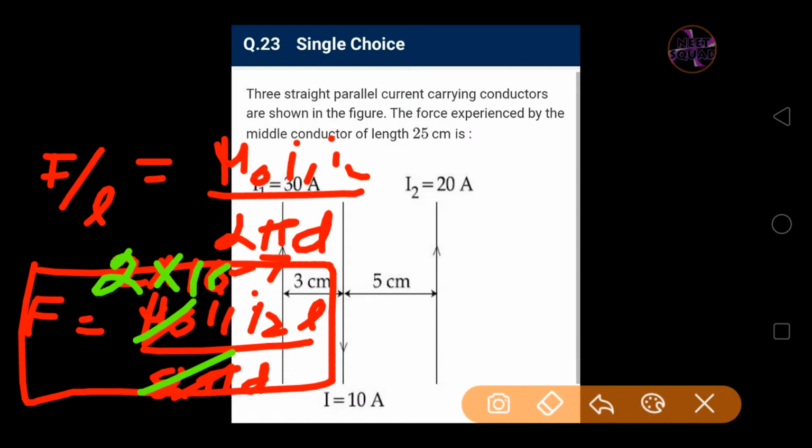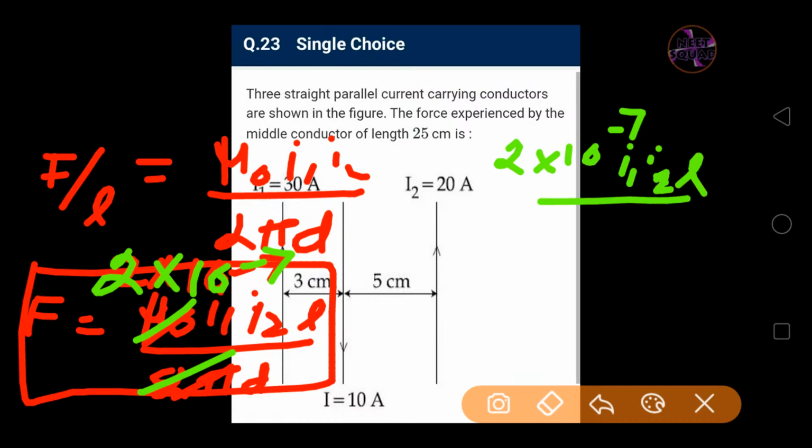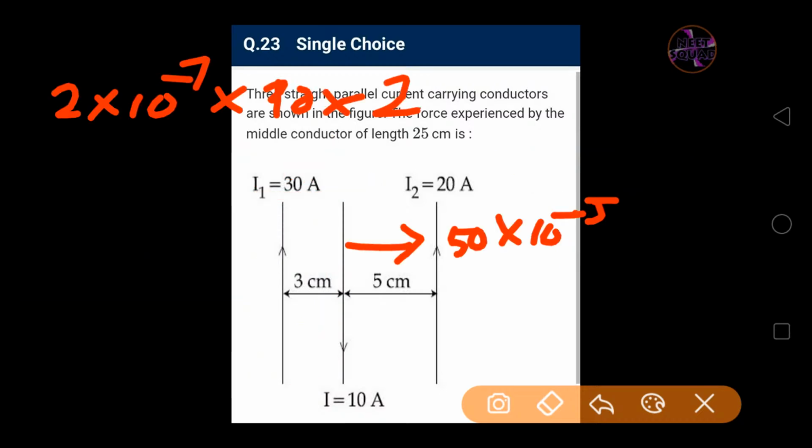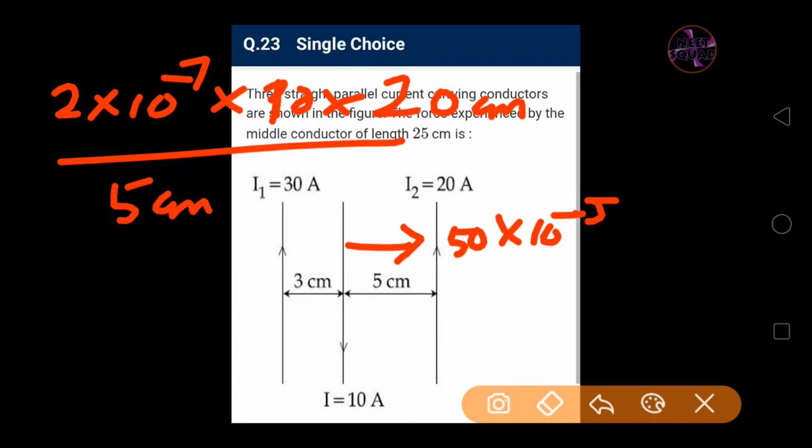2 into 10 power minus 7. So your formula should be 2 into 10 power minus 7 I1 I2 L by the distance between them: 10 into 20 by the distance between them. So 5 here, also centimeter, here also centimeter.